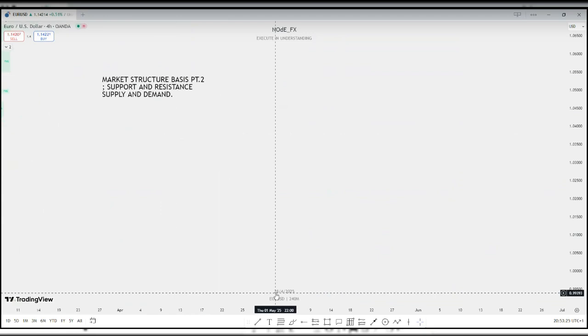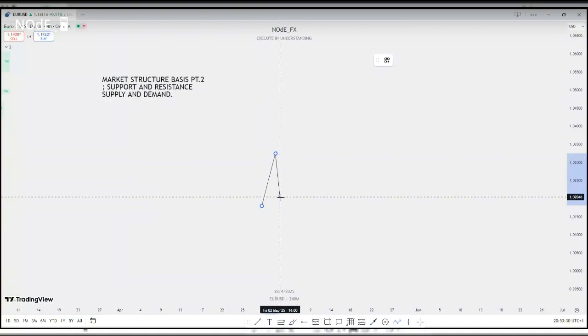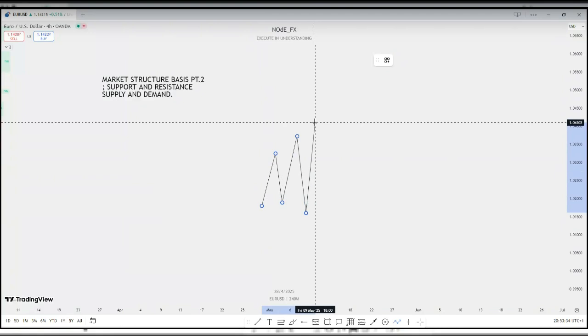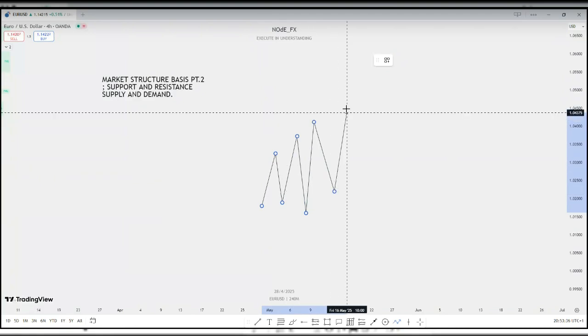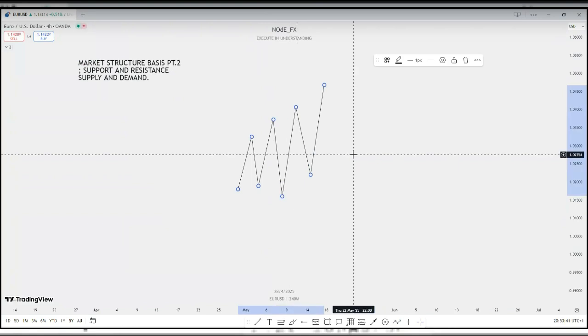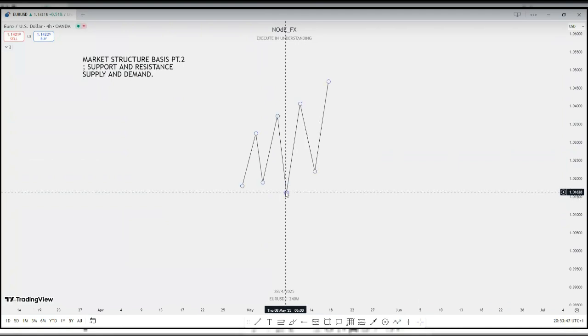Let's take, for instance, such a structure. If you look at this, basically you can say that it's an uptrend, right? Now we are trying to identify what is called the support and resistance.